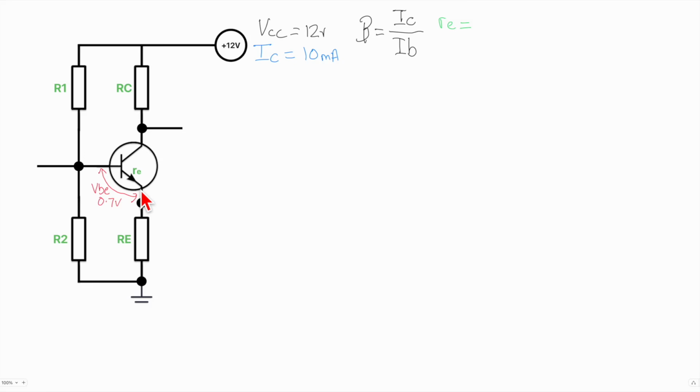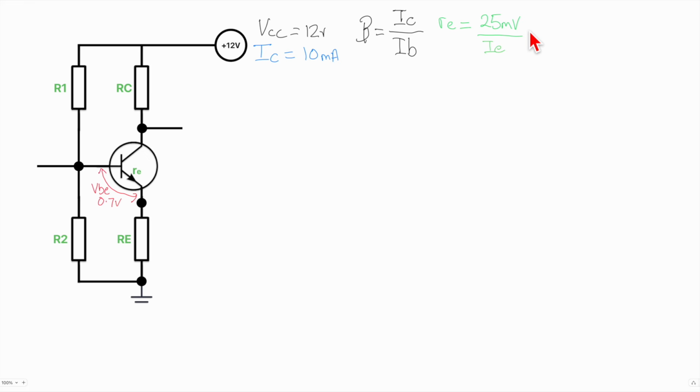Lying behind it is a much more complex one, but let me just put it down. It's 25 millivolts divided by the current on the emitter, i.e. I_E. So where's this 25 come from?